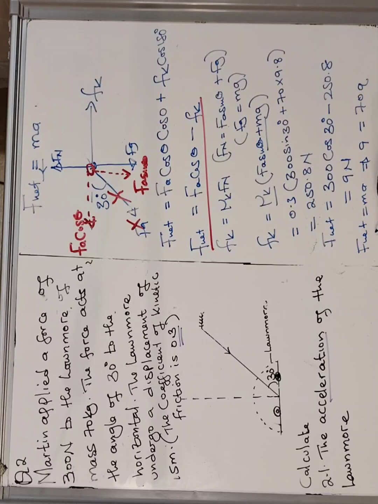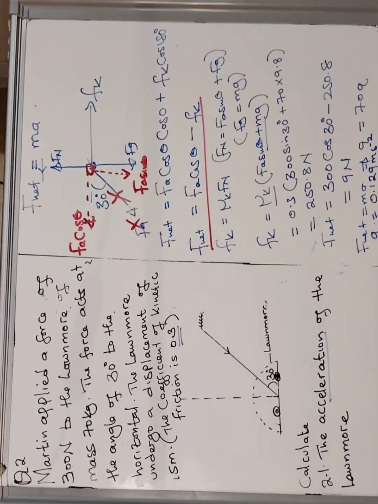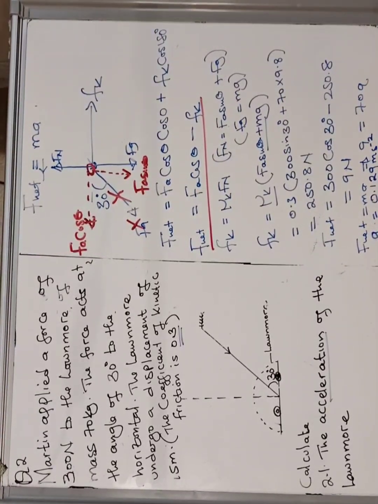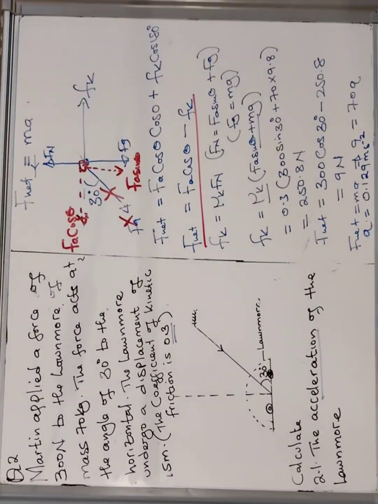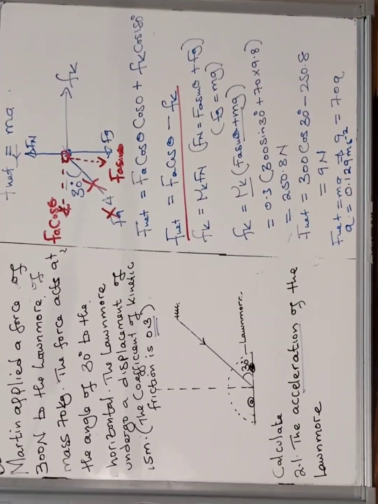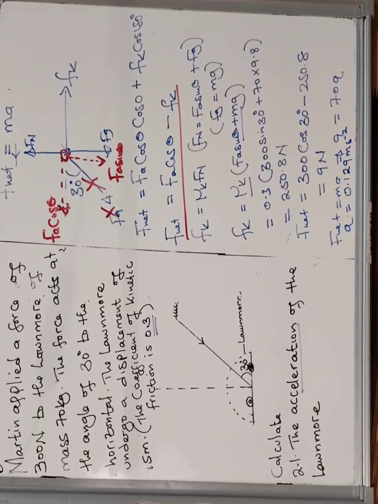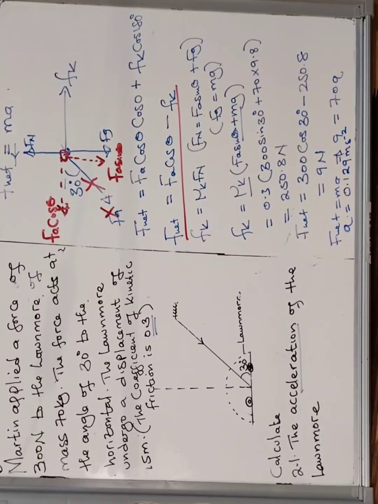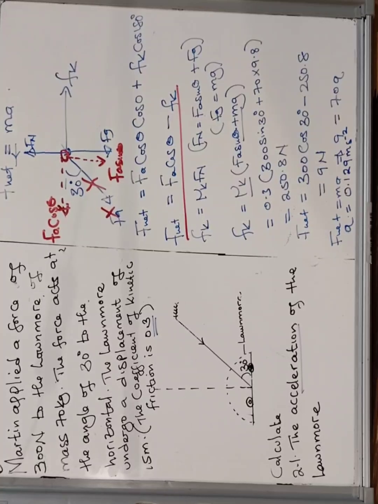So our acceleration is going to be equal to, let's find out here. So that's what we get. We get our acceleration as 0.129 meters per second squared. Okay, that's that. Let's see what comes next.